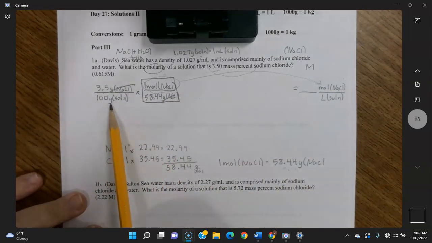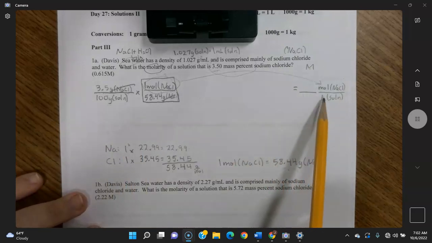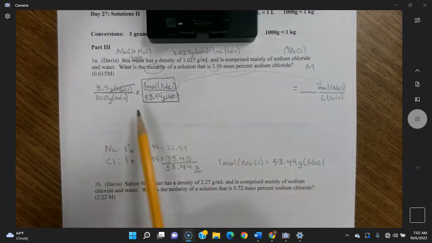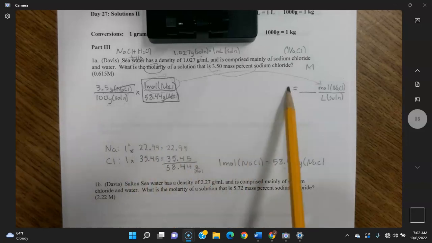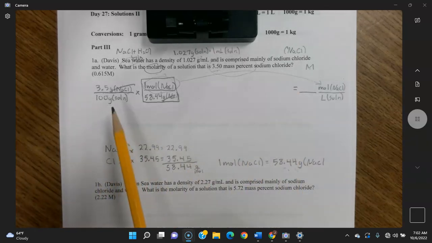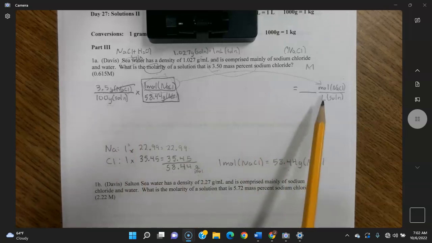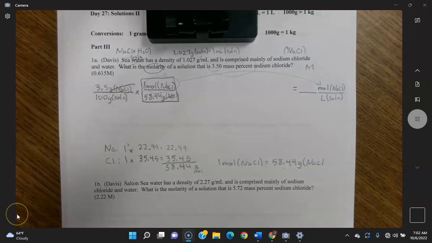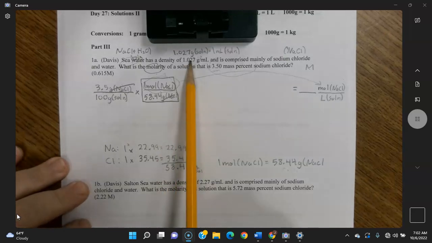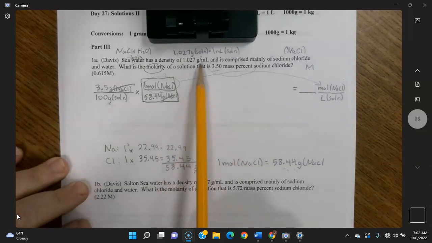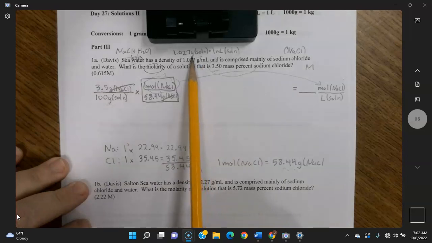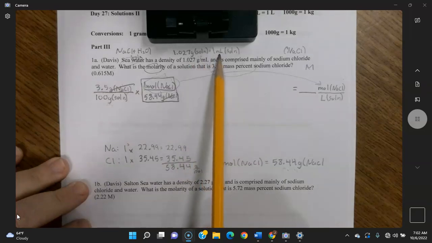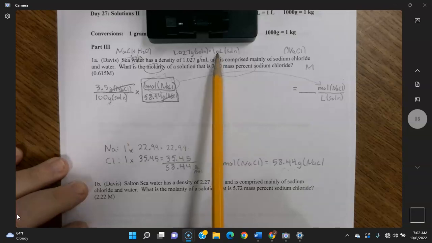Now we need to get from grams of solution over to liters of solution. And so now we're going to start putting boxes over here where we have space. Okay, so grams to liters. Grams is a measure of mass, liters is a measure of volume. Normally there's no relationship between mass, grams, and volume in liters. But we do have one up here because it was given to us, and that's what density is. It's a relationship between grams of the solution and not liters, but milliliters of solution, but that's okay.